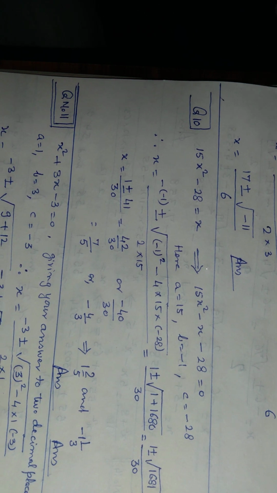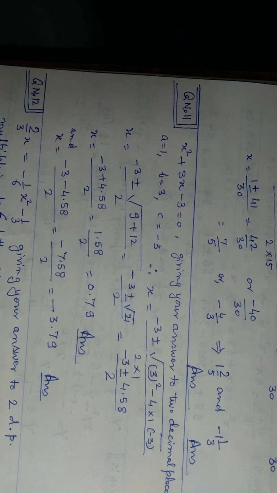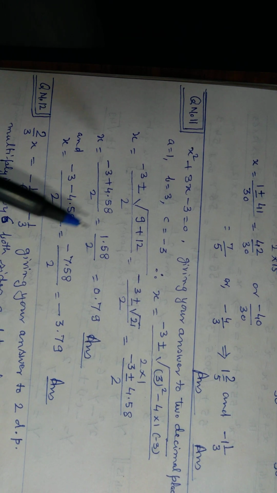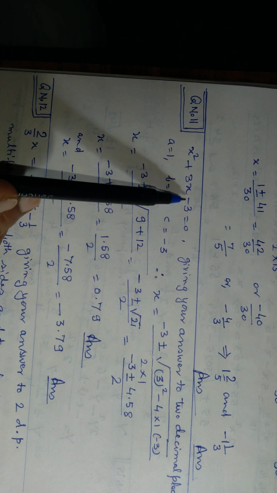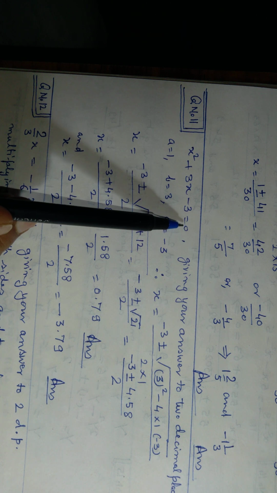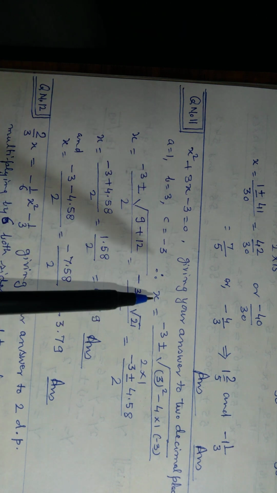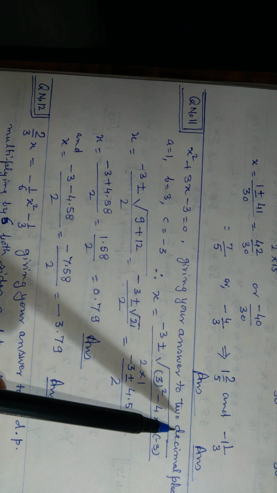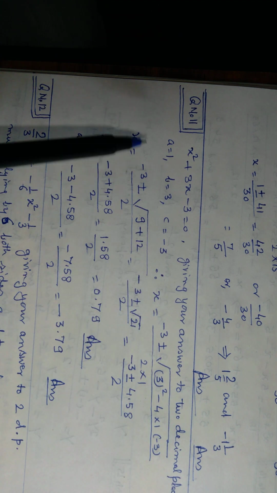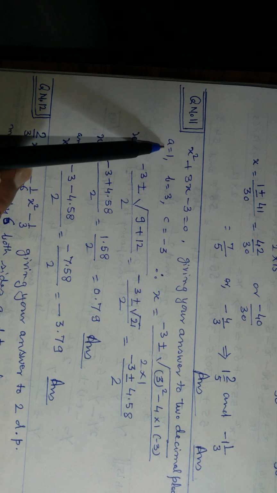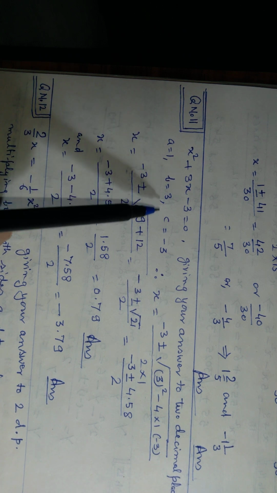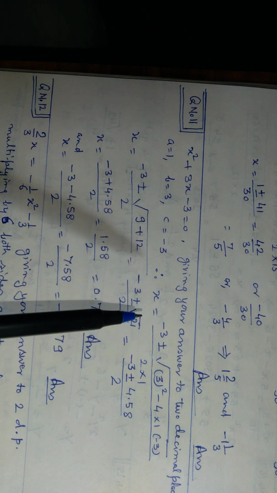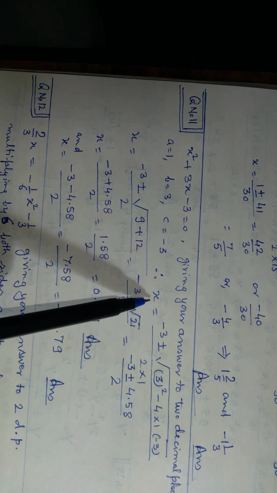Now question number 11. x square minus 3x minus 3 equal to 0. Here it is given that giving your answer to two decimal places. Let us take the value of a is equal to 1, b is equal to minus 3, c is equal to minus 3. Now substitute these values to work out the value of x.